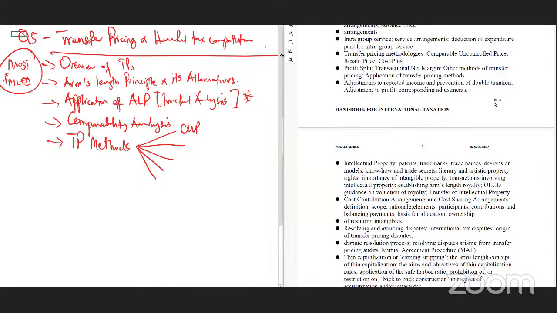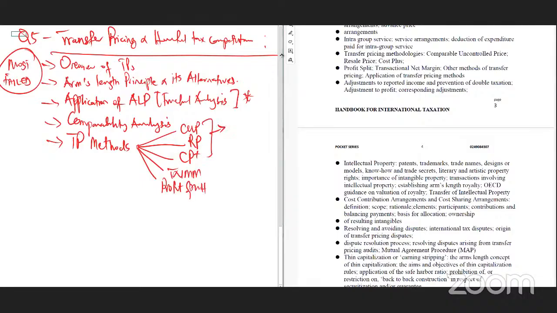So we have the CUP method, we have the resale price method. Some people call it resale minus. We have what we call the cost plus method. We have what we call the transactional net margin or the profit split method. Okay. So these first 3 methods are called the traditional methods.